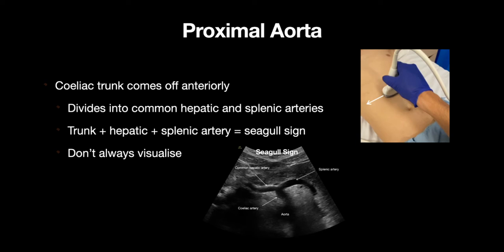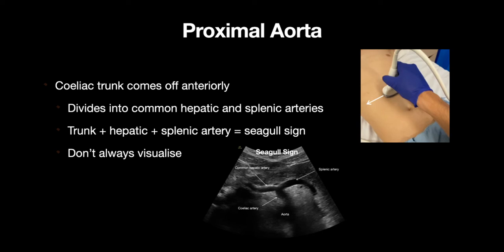It's important to remember that you don't always visualize this. Sometimes that's because of bowel gas obscuring the view, and there is some slightly abnormal variant anatomy that some people have, so that they don't always have the celiac artery, common hepatic artery and splenic artery in this configuration. So how do you know that you're the most proximal, so that there's no chance of missing a very proximal aortic aneurysm?